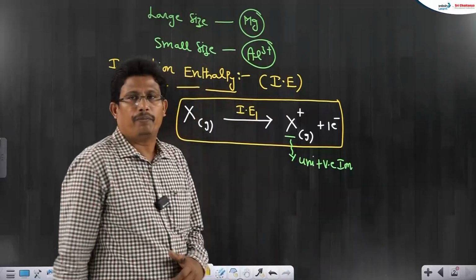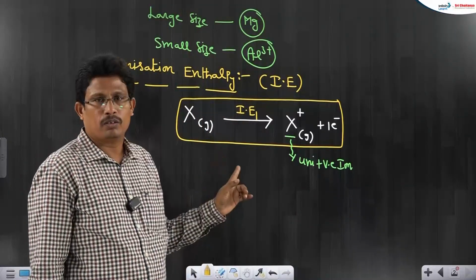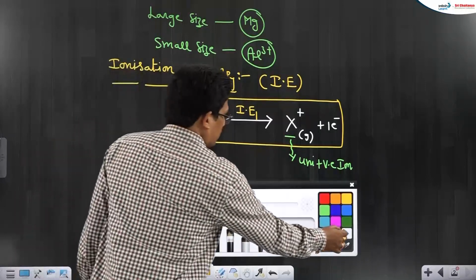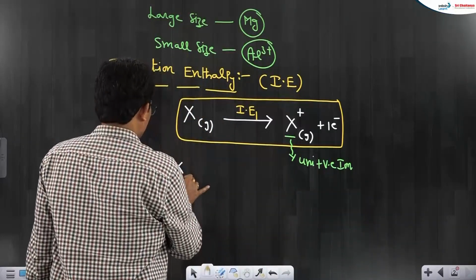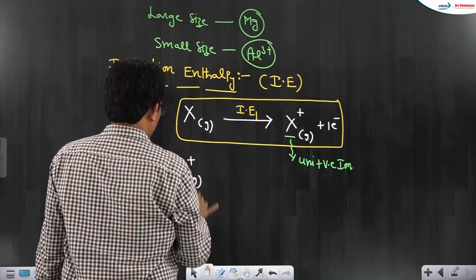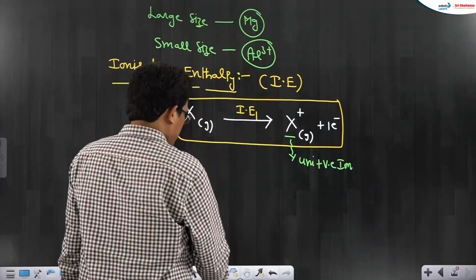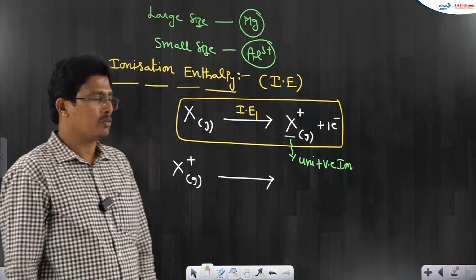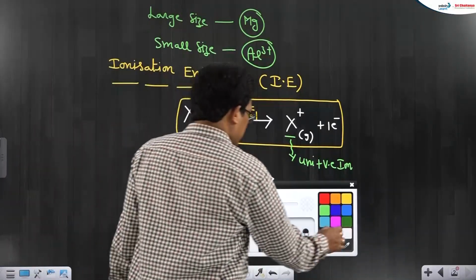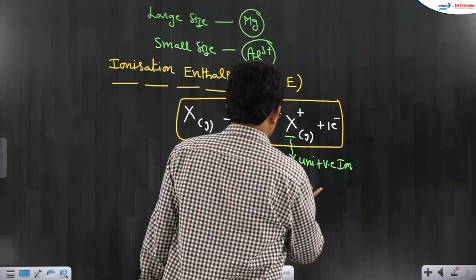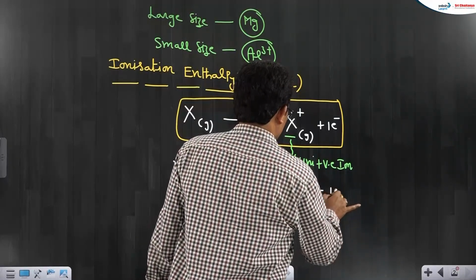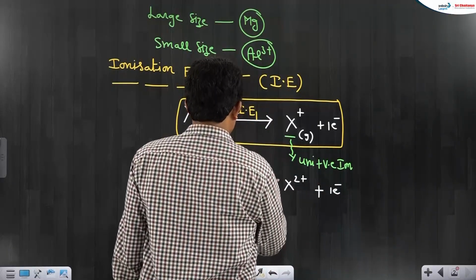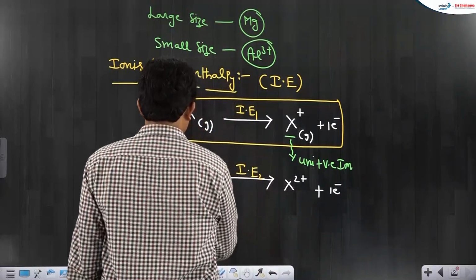That's why effective nuclear charge is more. From the unipositive ion, one more electron is removed, and we get a dipositive ion. The energy required for this process is called second ionization energy.